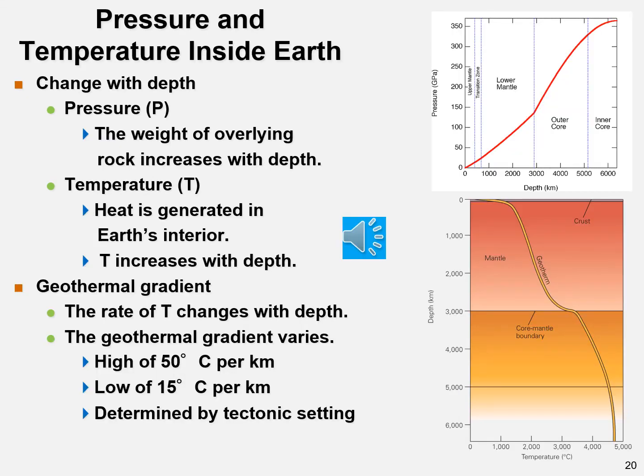As we have already discovered from our study of igneous and metamorphic rocks, the deeper that we go within the Earth, the greater the pressure is. So the weight of overlying rock increases with depth, and at the Earth's center, pressure probably reaches about 3,600,000 atmospheres.